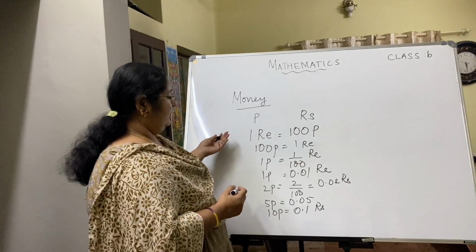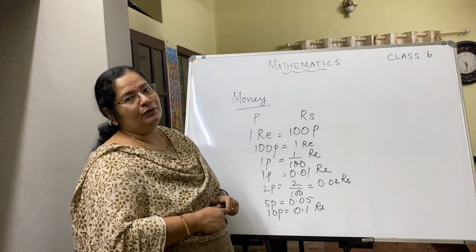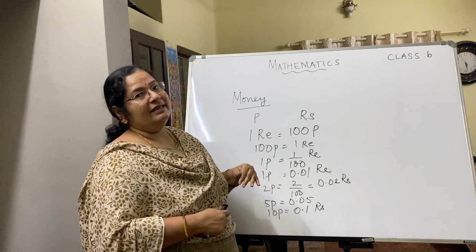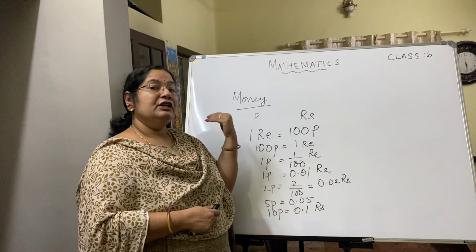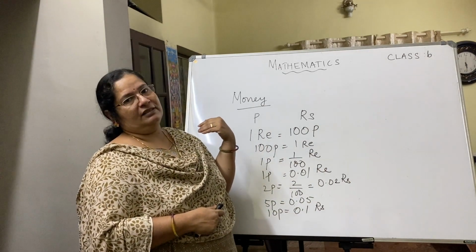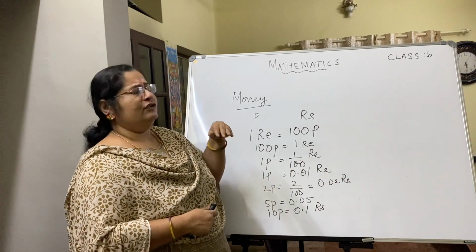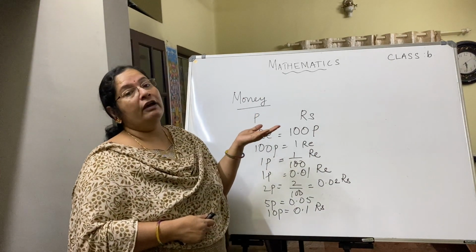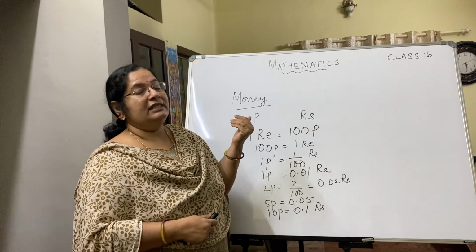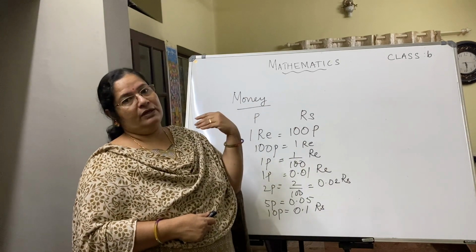So now from this, what do you understand? To convert paise to rupees, what do you have to do? Divide it by 100, make it a fraction with denominator 100, which means you only have to shift the decimal point 2 places towards the left. So given any paise, to convert into rupees, shift the decimal point 2 places towards the left.